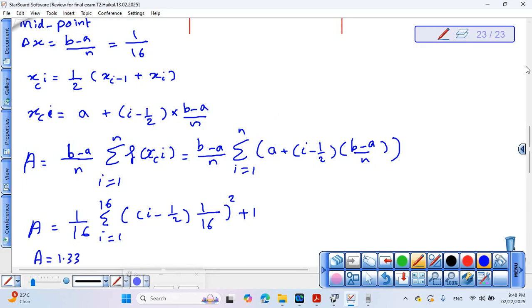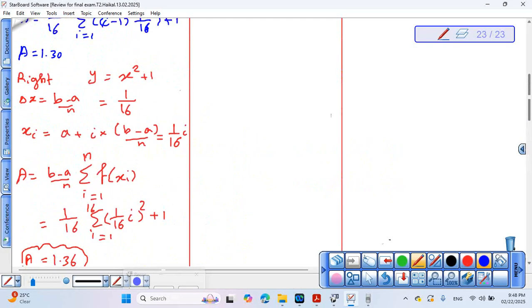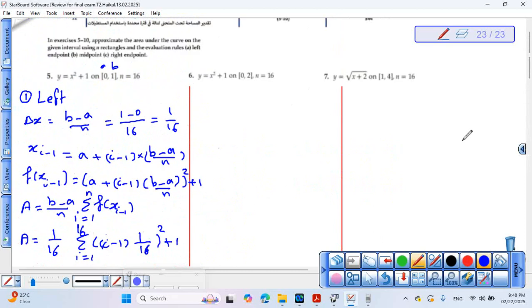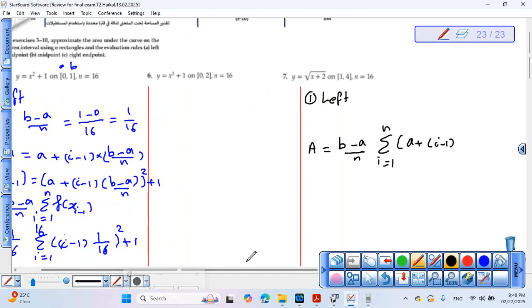These are the 3 different methods of how to find the area, and you can use the general formula for each one. Maybe I can use here question 7 in the same one. Left: directly we can use, from the left, A equals (b minus a) over n, summation from i equals 1 to n, a plus (i minus 1) times (b minus a) over n, all this plus 2. Why?